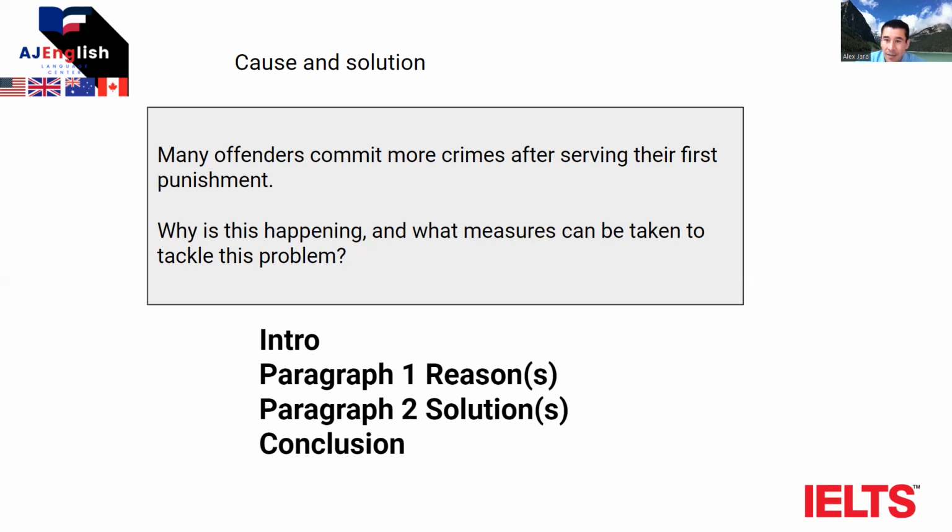Here, they mention the problem, and they're asking why. They're asking for the cause in this case, and they are saying what measures, in other words solutions, can be taken to tackle this problem.